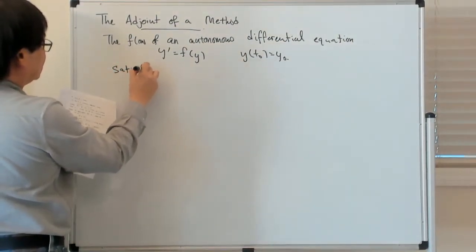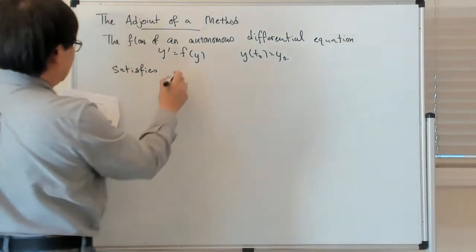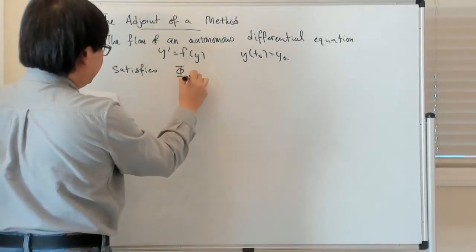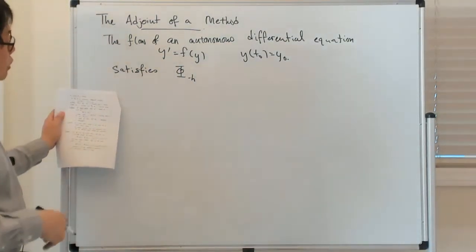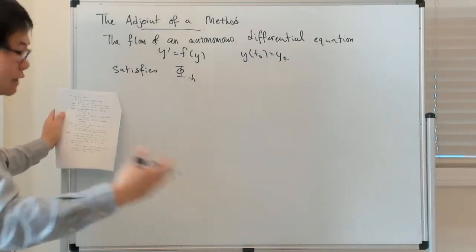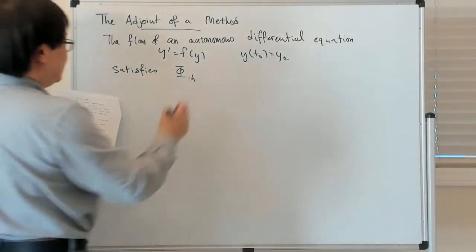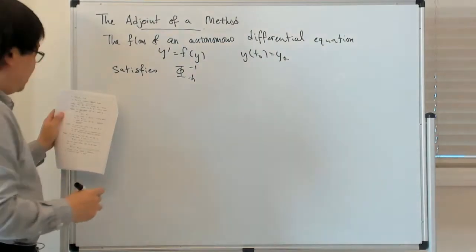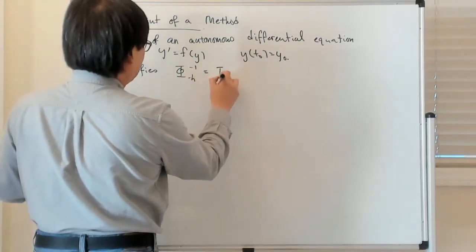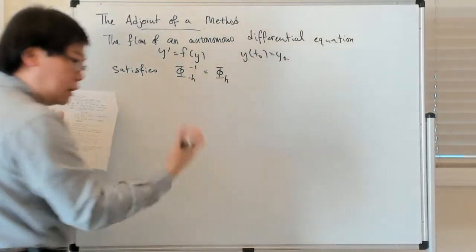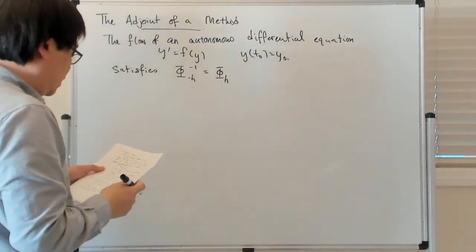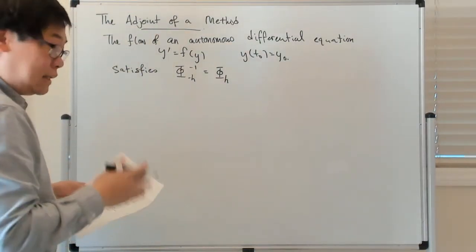So it satisfies the property that if you take the negative time step, so you take a step by negative h, and then you take the inverse of that flow map, this is really nothing more than the flow map with a positive time step. Okay, so that's an observation.